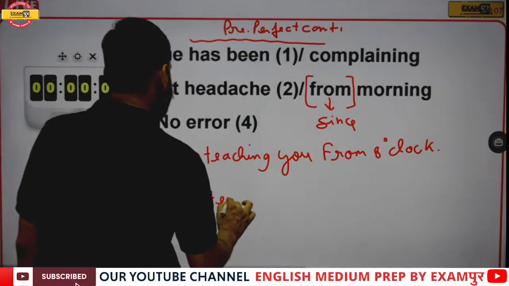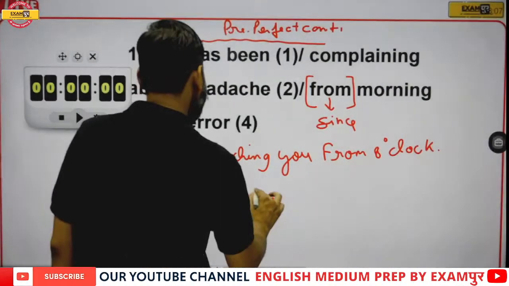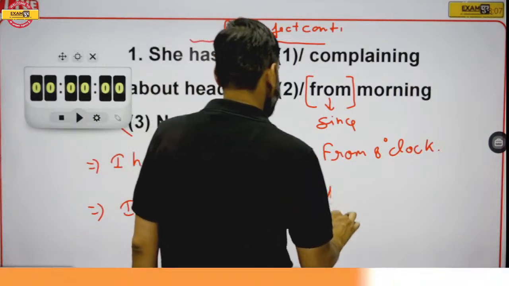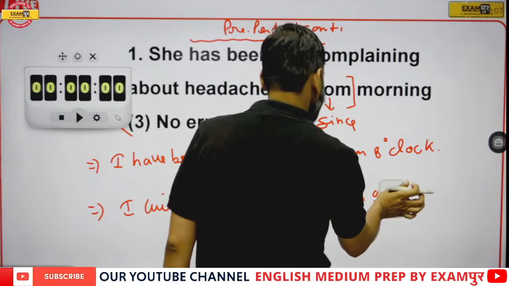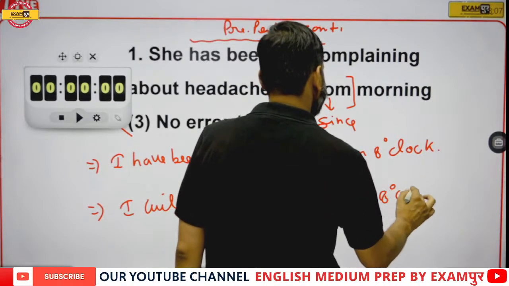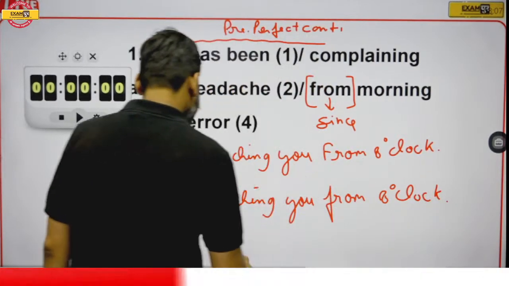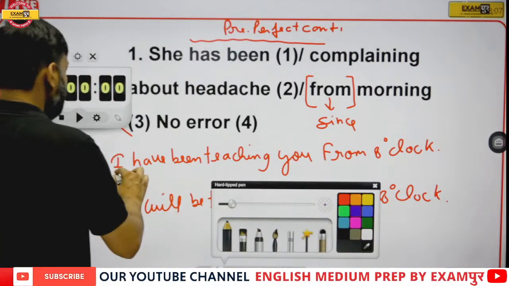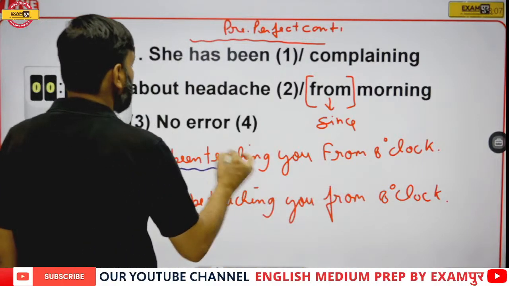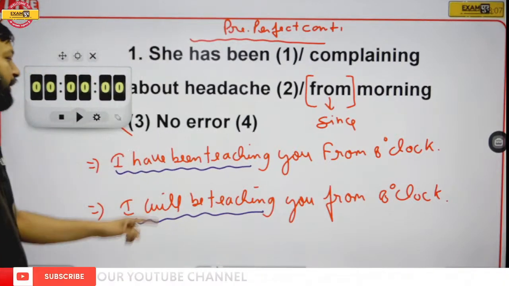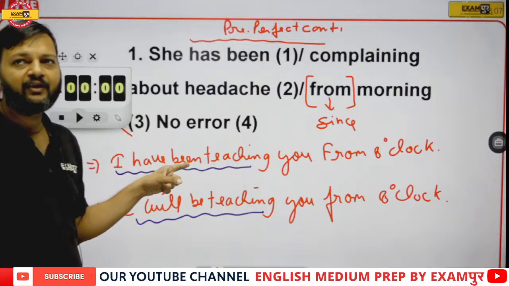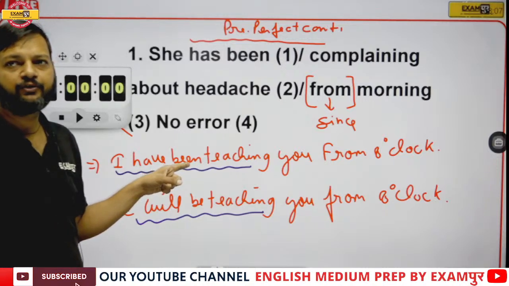I will be teaching you from 8 o'clock. See, this sentence number 1 is present perfect continuous and this sentence is future continuous.